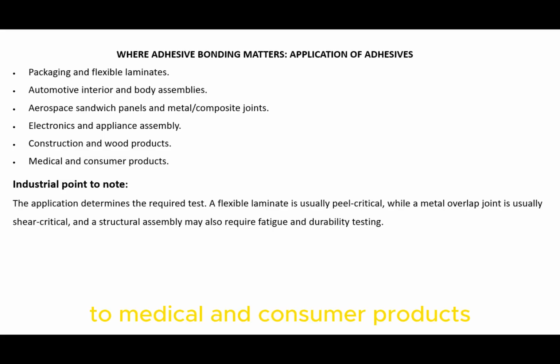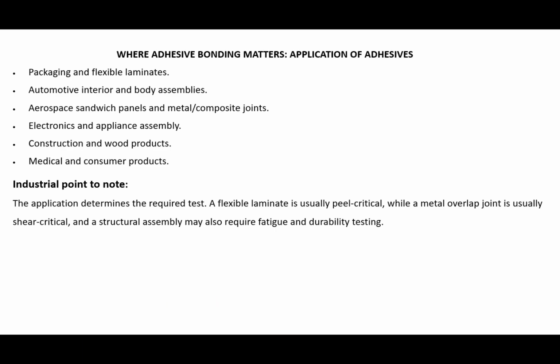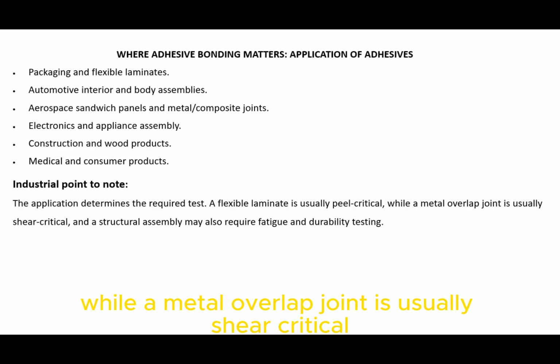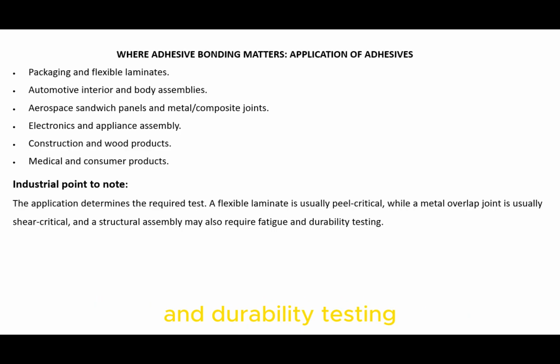Medical and consumer products. Industrial point to note: the application determines the required test. A flexible laminate is usually peel critical, while a metal overlap joint is usually shear critical, and a structural assembly may also require fatigue and durability testing.